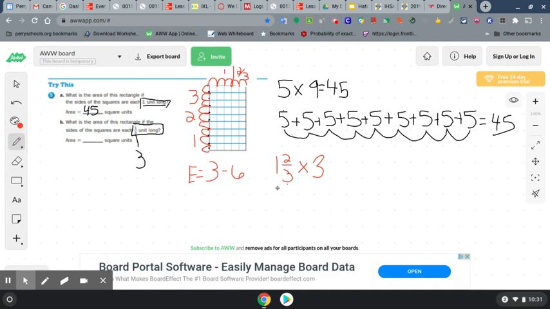Okay. So we're going to break this apart. 3 times 1 is 3. And 2/3 times 3 is 2.